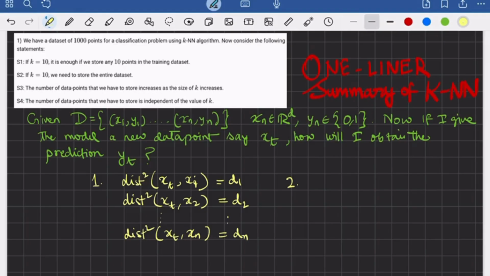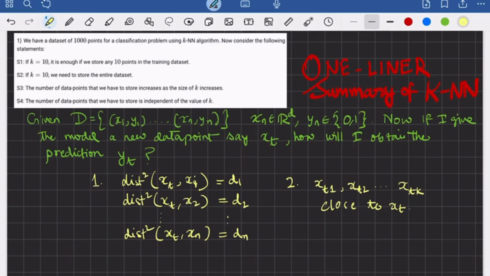And we also have to choose the data points xi corresponding to those di's. Let me denote those data points in the dataset D which are closer to xt by xt1, xt2, and so on, xtk. So these are the data points which are very close to the new point xt.